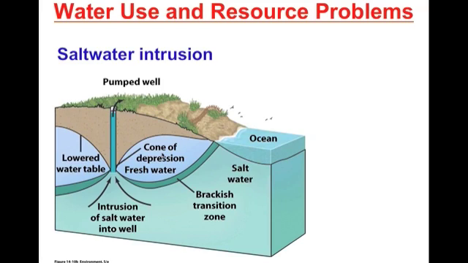As that fresh water gets more shallow, it starts pumping out the salt water instead. So that's called saltwater intrusion. When you've overdrawn your well aquifer to the point that instead of getting fresh water, you're getting salt water.